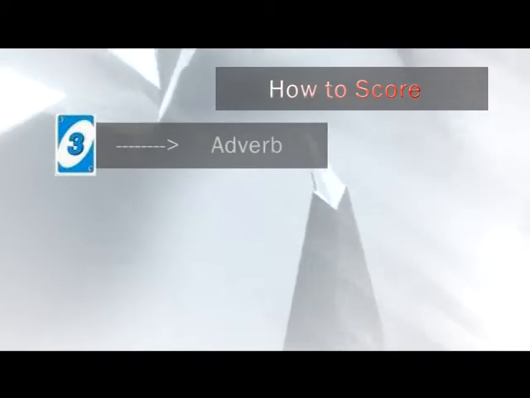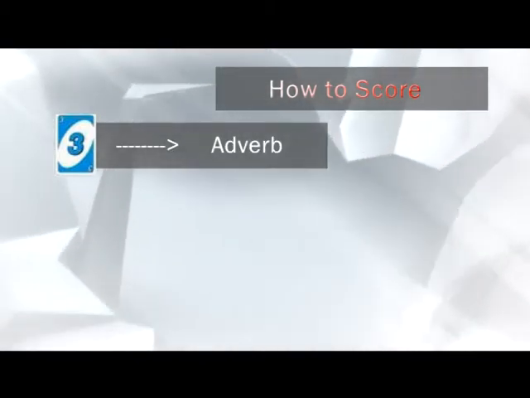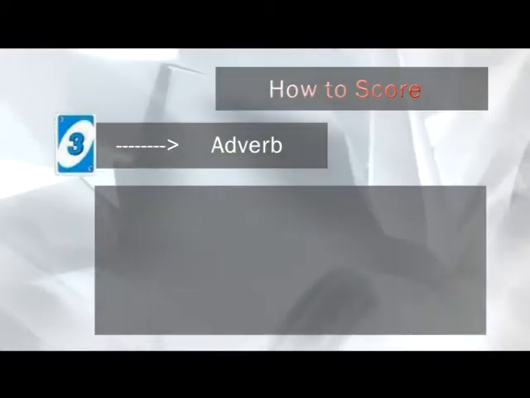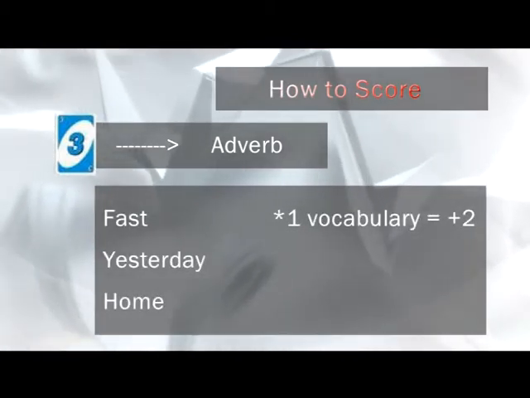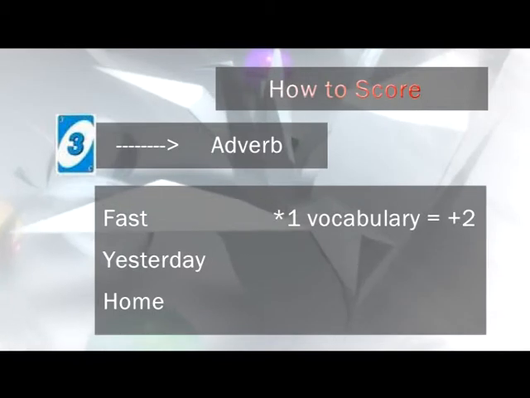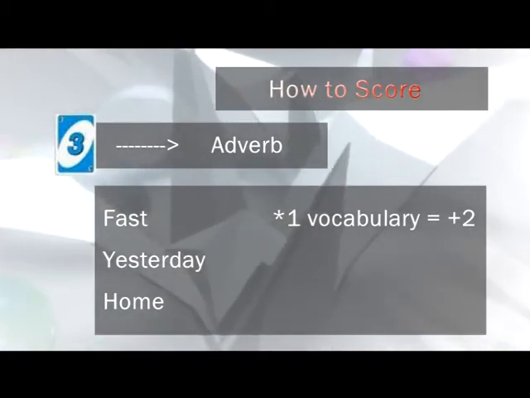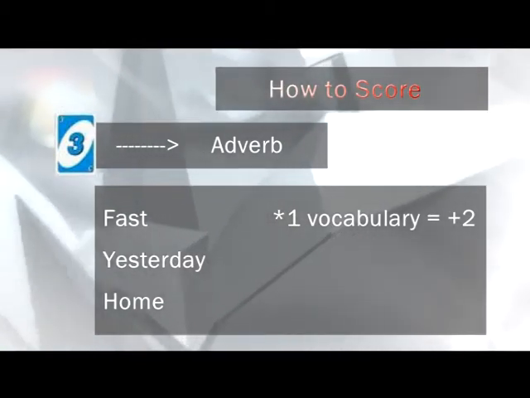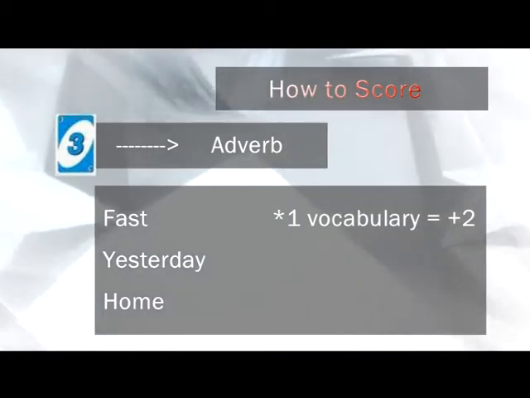For example, the student gets a blue card with the number 3, so he should mention 3 adverbs. If he mentions all of them right, he gets 6 points.